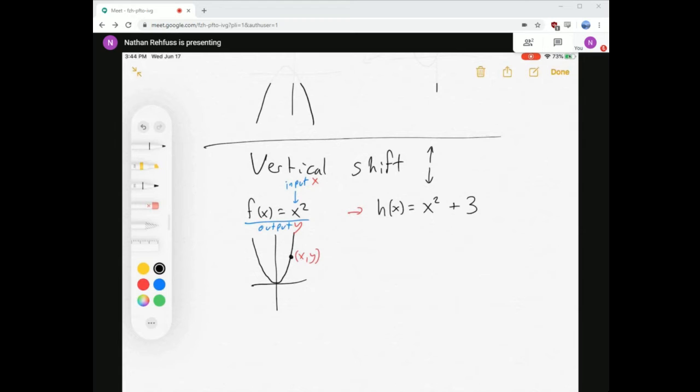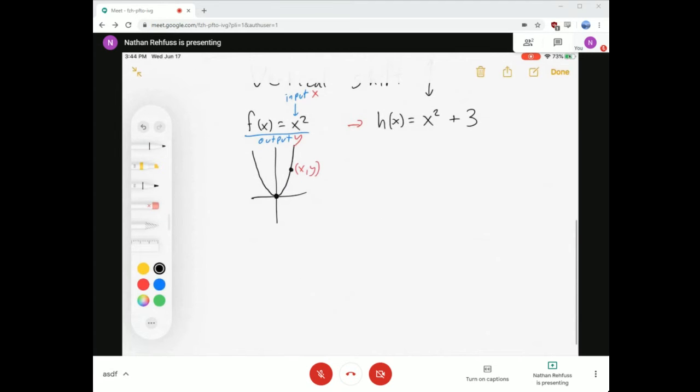So for example, let me draw a new graph. Here's f. Over on the graph of f, I have points like (2, 4) and (5, 25), right?